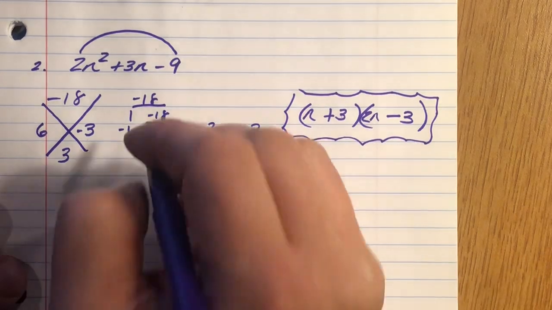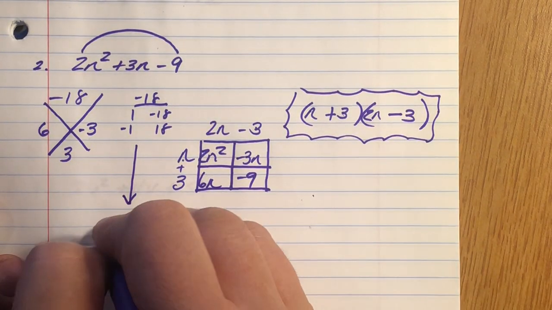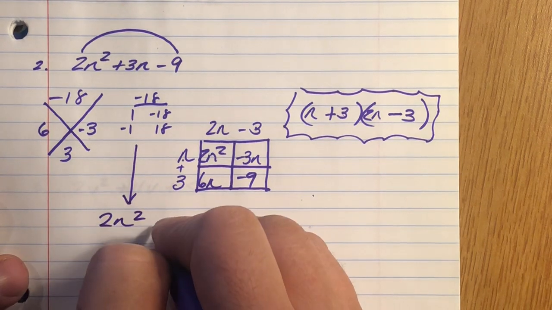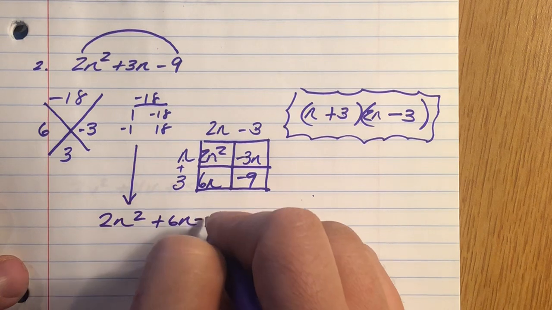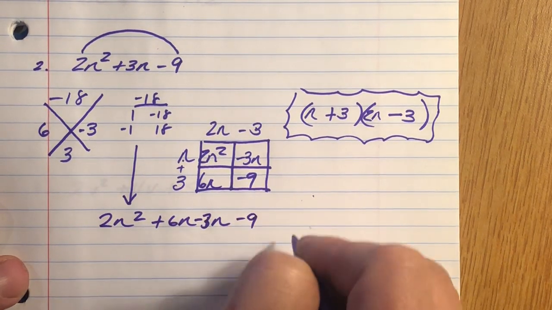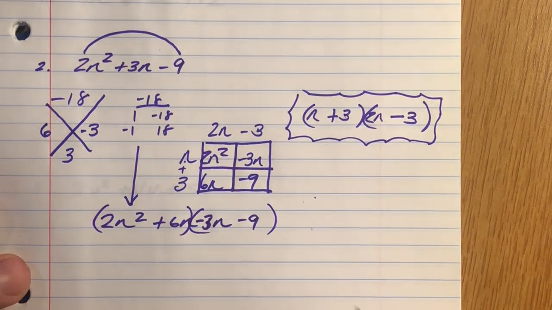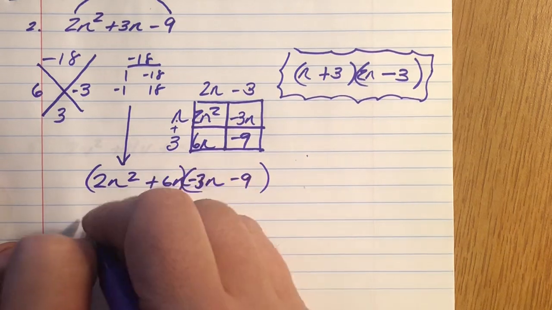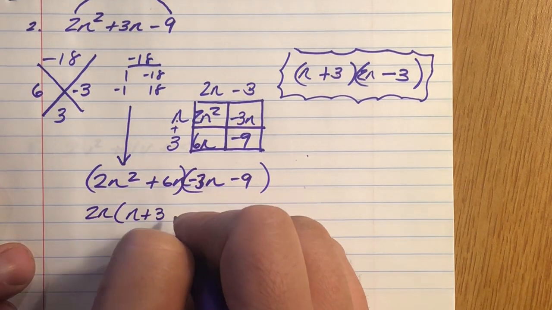And I'll do one more with the grouping because I know some of you guys prefer that method. We've got 2n squared plus 6n minus 3n and then minus 9. After I group those together, these two have a 2n in common and n plus 3.